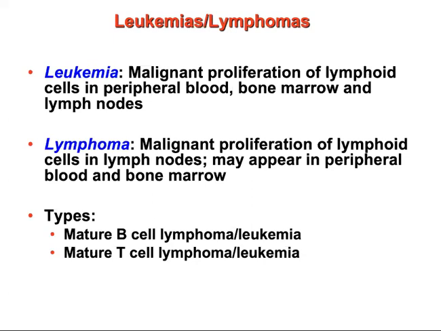There are two types of mature lymphoid: the mature B cell lymphoma or leukemia, or the mature T cell lymphoma or leukemia. So we saw a little bit of how they separate them, right? B cell, T cell. Anytime you think of lymphoid, think of the two cells, because the lymphoid cells are either B cells or T cells, okay? So think of those.